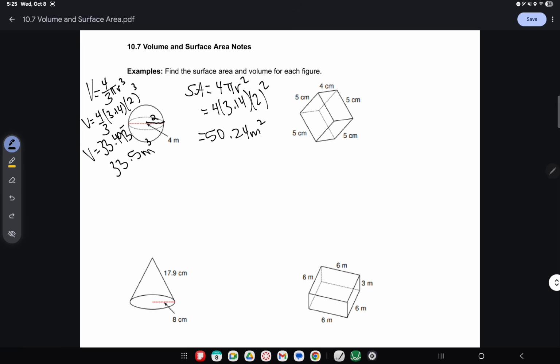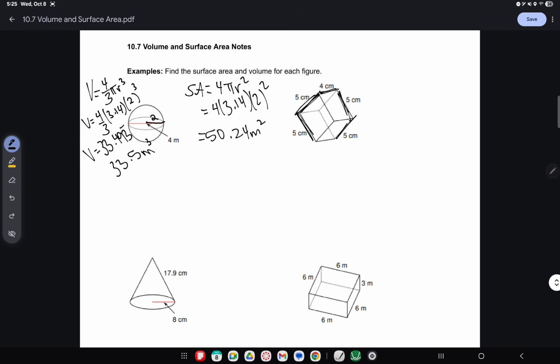All right. I don't know what I want to call this because I have this 4 centimeters here. So this right here is 5. This one's 5. This one's 5. This one's 5. And this is 4.